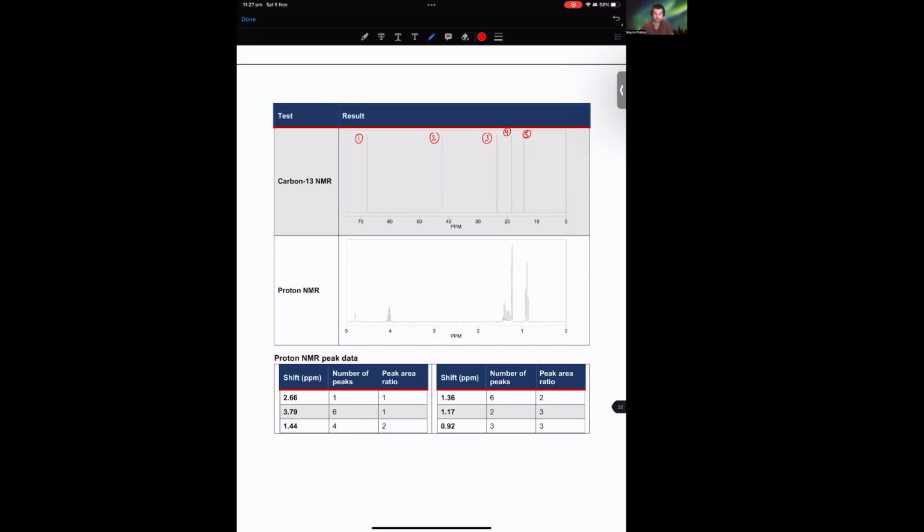When we come down to our proton NMR, we can see quite a few peaks. It seems to be fairly messy, and that's just because we have several environments that are quite close to one another in terms of their shift, and therefore they're overlapping. So this is where the table really comes in handy. But I do want to mention one thing.